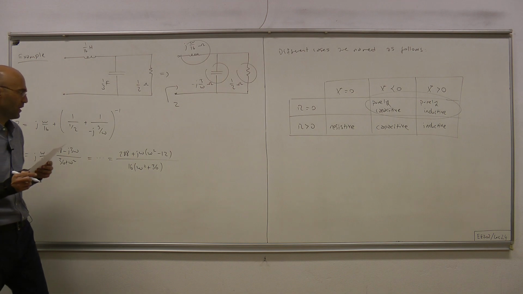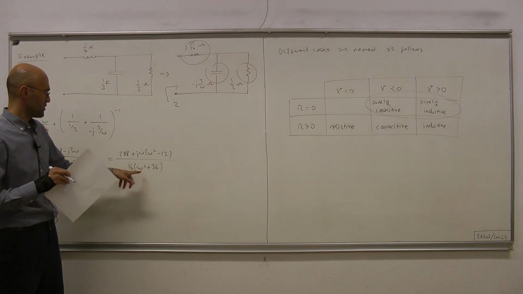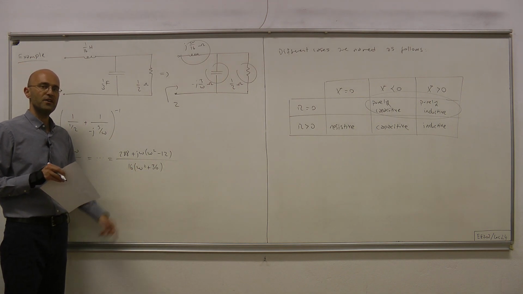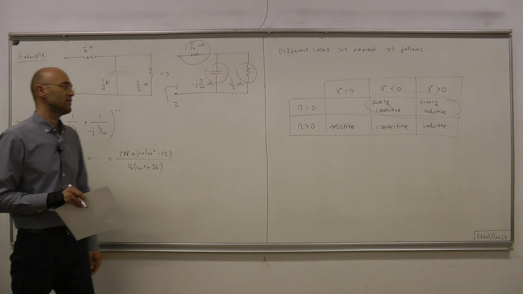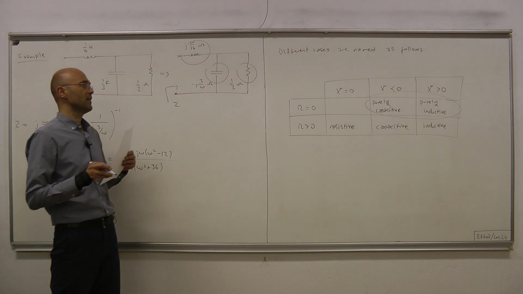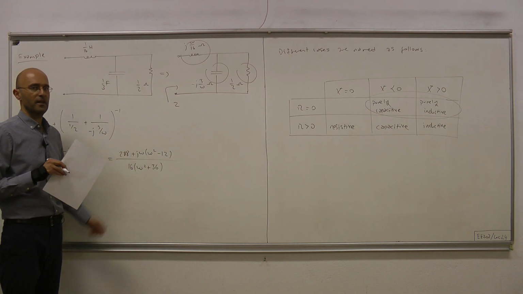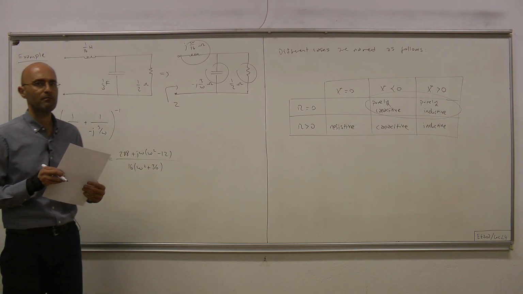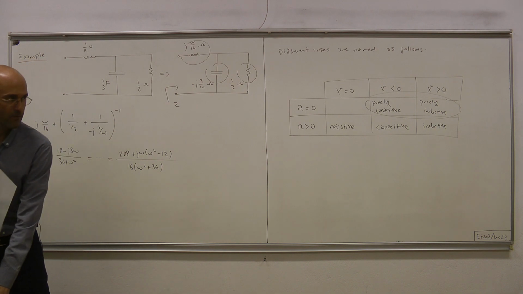Then, since the denominator is always a positive real number, we can determine the sign of the real and imaginary parts by just looking at the term in the numerator.